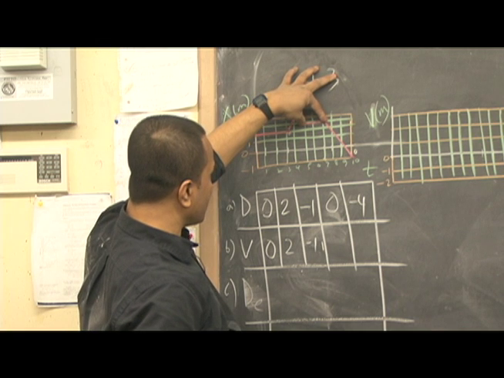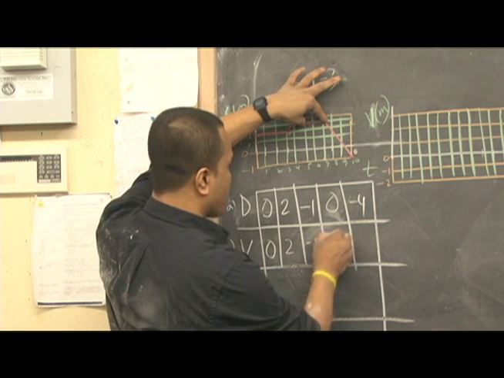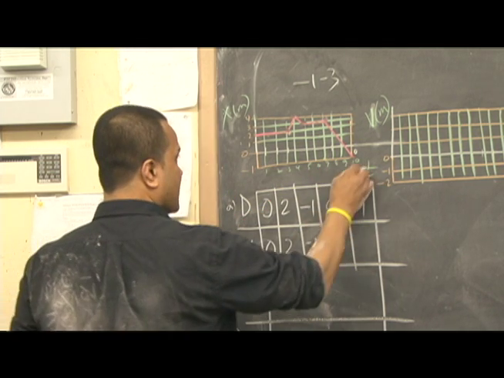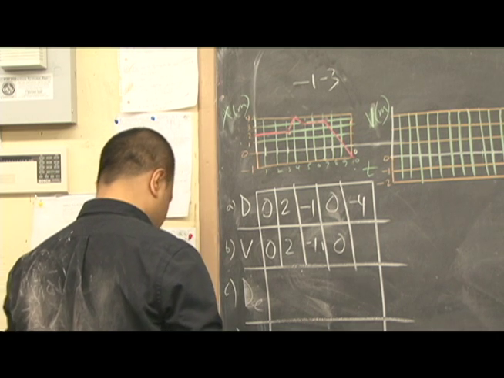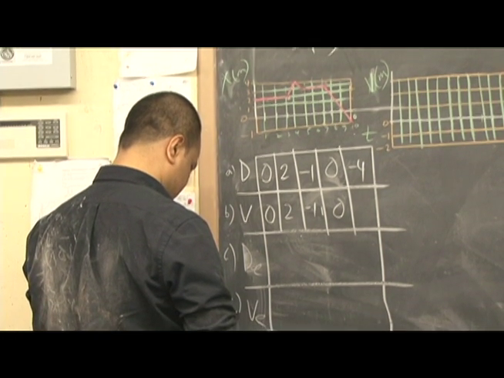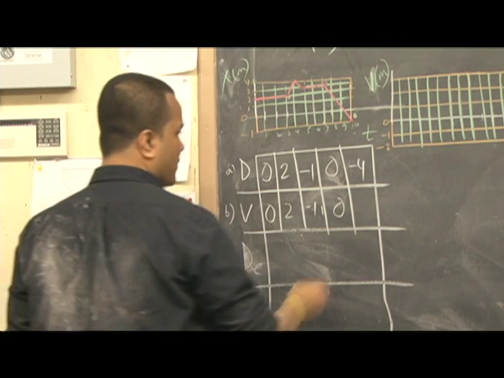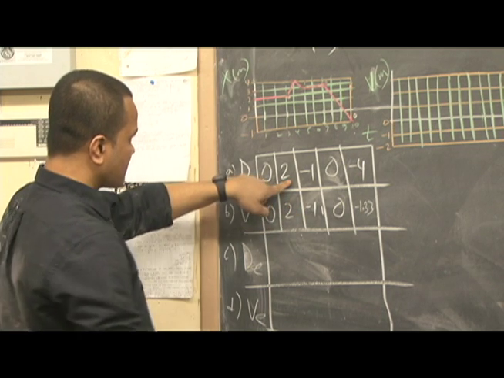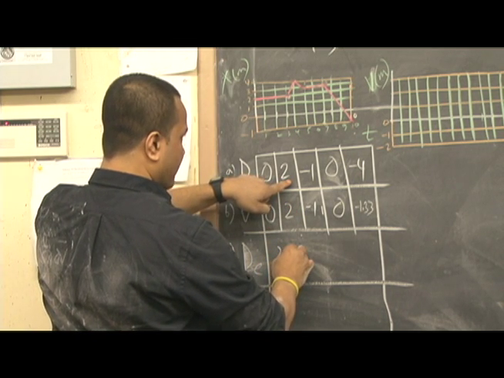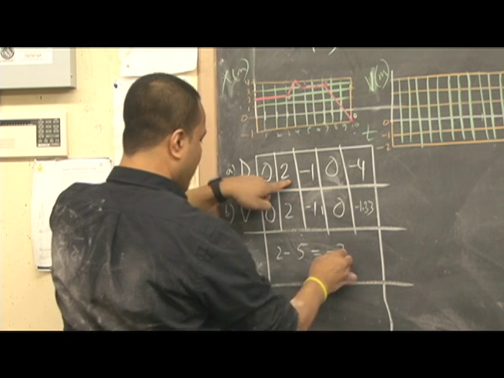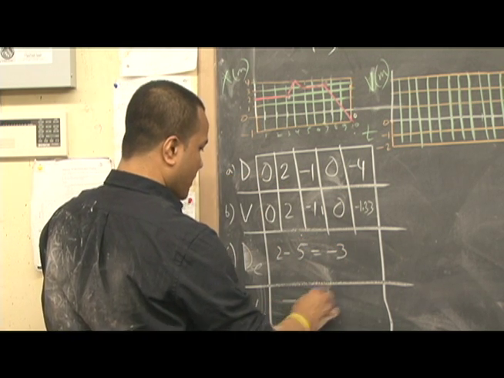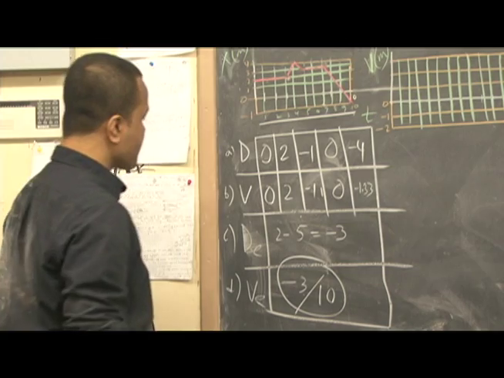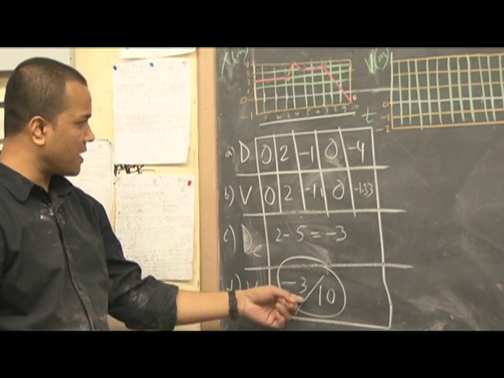This is 0 divided by 2, which is 0. And this is 4 divided by 3, because 10 minus 7 is 3, so 1.33 minus 1.33. So the total displacement is 2 minus 5, which is minus 3, and total velocity is minus 3 over how many seconds? 10 seconds. Okay? So this is total displacement, this is total velocity.